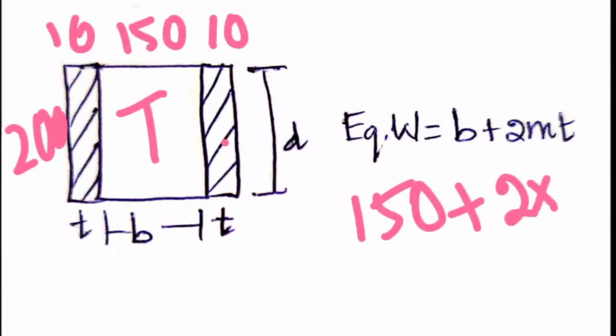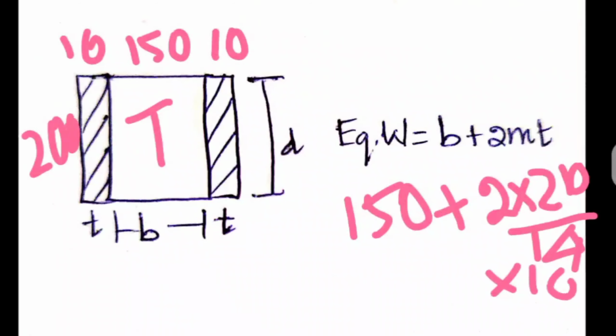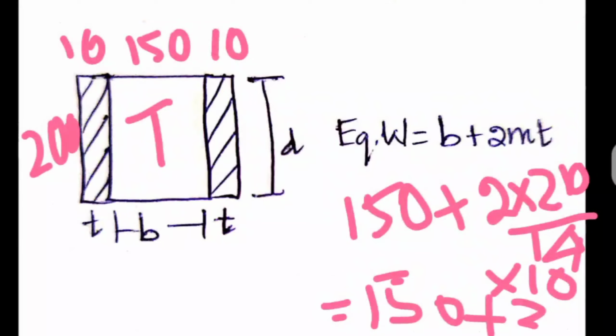Always the higher value of E should be on the top and the lower value of E on the bottom. So here it will be 210 GPa divided by 14, and into t. So t is 10 mm they have given. When you cancel this, the answer will become 150 plus 300. So the answer will be 450 mm.